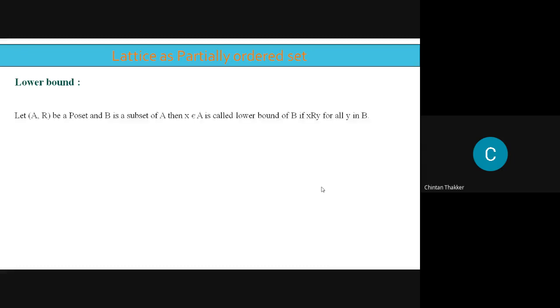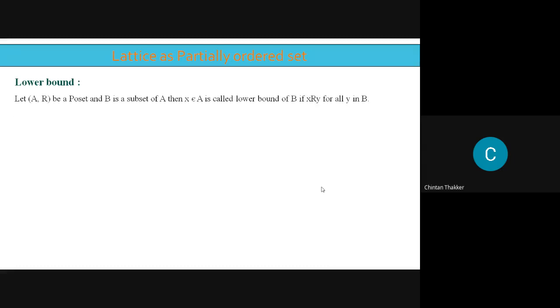Means if we have (A, R) be a poset and B is a subset of A, then X belongs to A is called a lower bound of B if X is related to Y for all Y belongs to B. Okay.